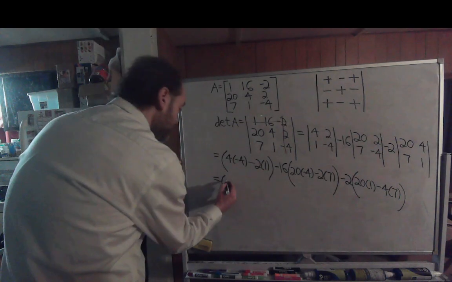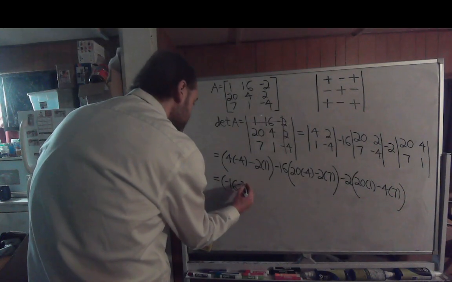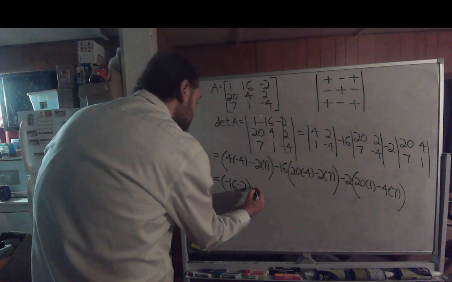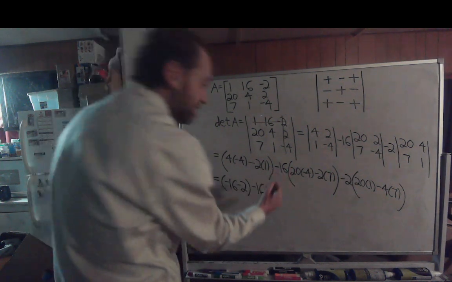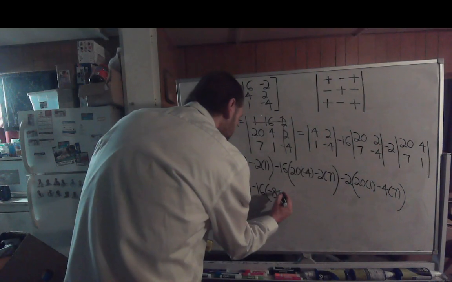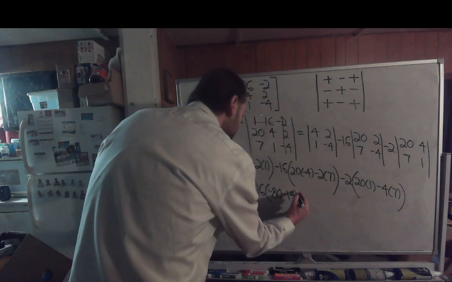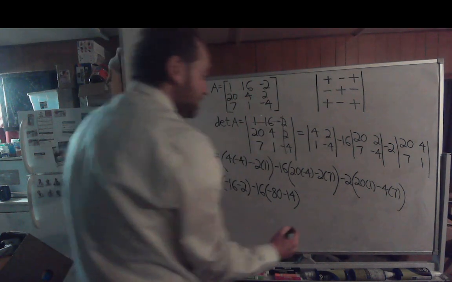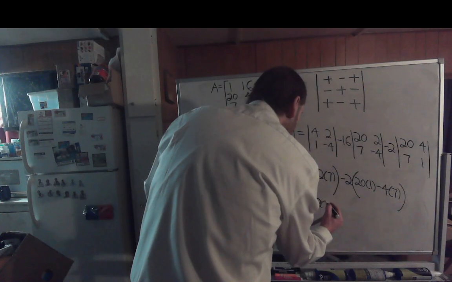4 times negative 4 is negative 16, minus 2 times 1, that's minus 2. Then we have minus 16 times whatever's inside of here. 20 times negative 4 is negative 80. Minus 2 times 7, which is minus 14. Then we have minus 2 times, let's see, 20 times 1 is 20.